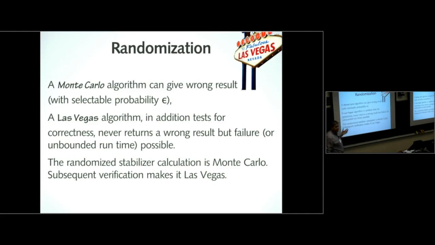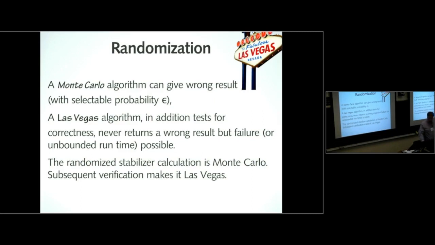In this case, the runtime is an expected runtime, because theoretically it could fail again and again and again. It could fail an unbounded number of times. So we have an expected runtime, but we have a guaranteed, proven result.